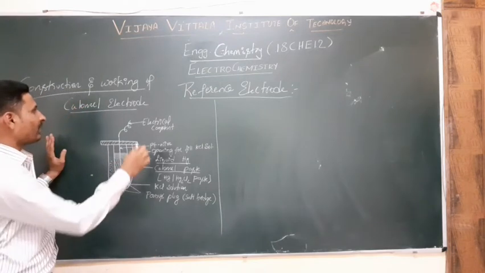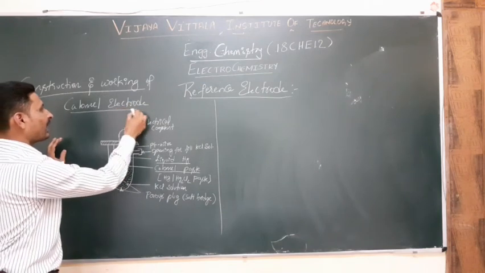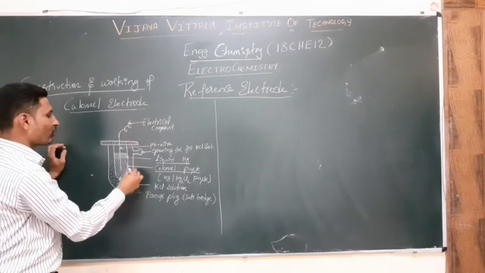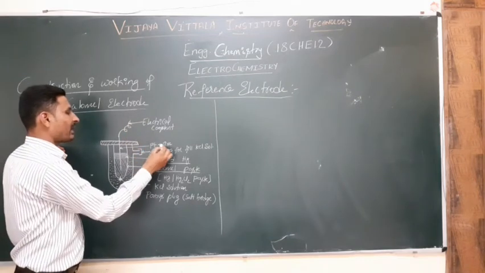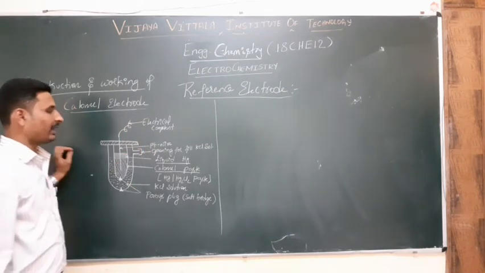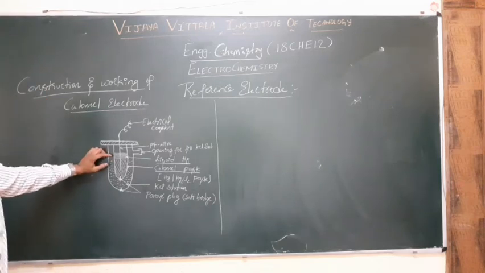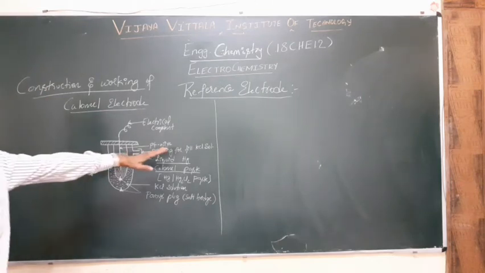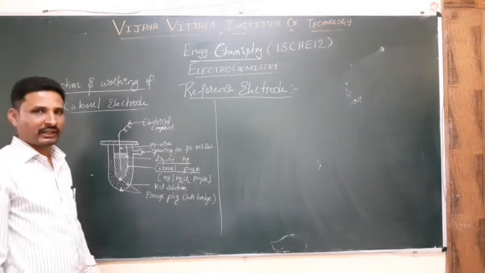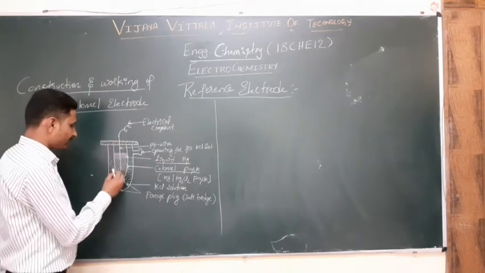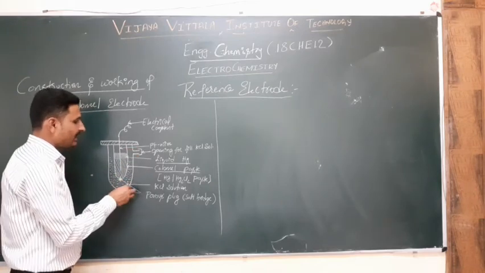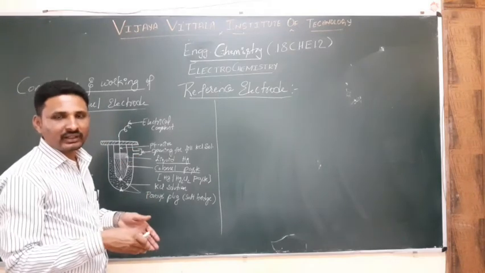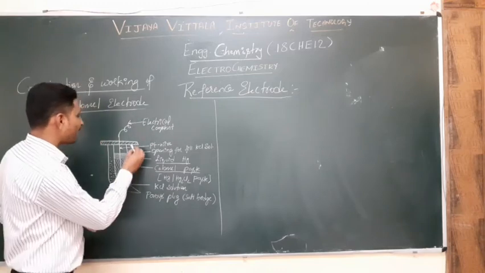Here, this platinum wire is dipped into liquid mercury to measure the electrode potential. And this entire narrow glass tube is placed in an outer glass tube.